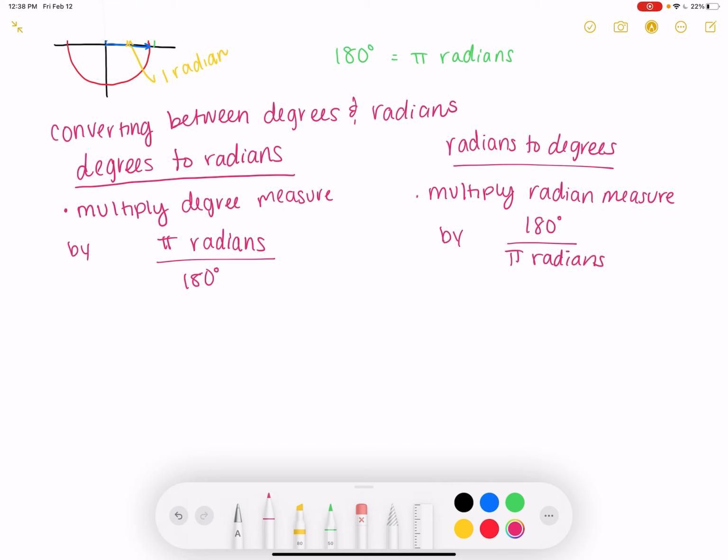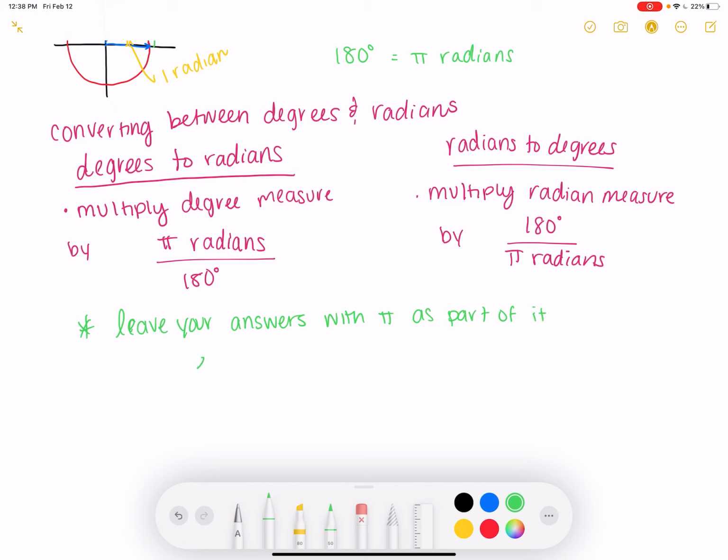Okay, so we'll set these up a lot like conversion charts. And one other thing to make note of, I won't accept this any other way: leave your answers with pi as part of it.